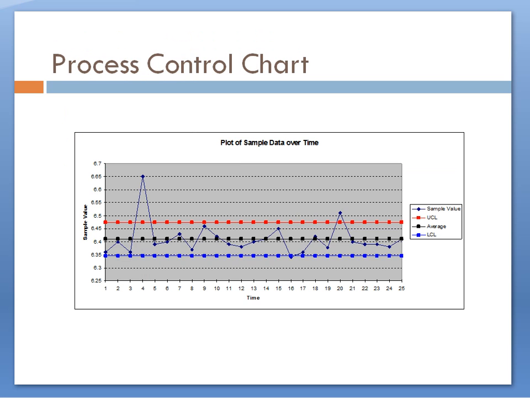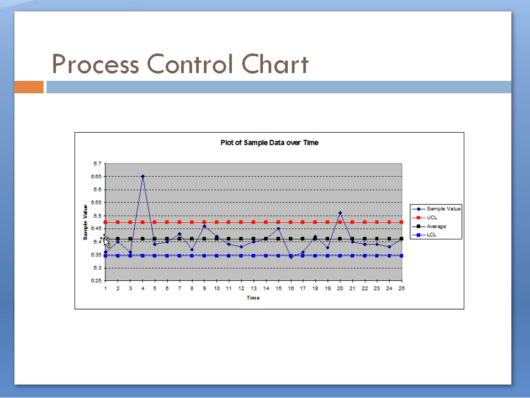So this is what a control chart looks like. A control chart is always over time. You can have your specific characteristic that you measure, or specific sample values, and then you will always have an upper control limit, called the UCL. You're always going to have a lower control limit, which is the LCL.